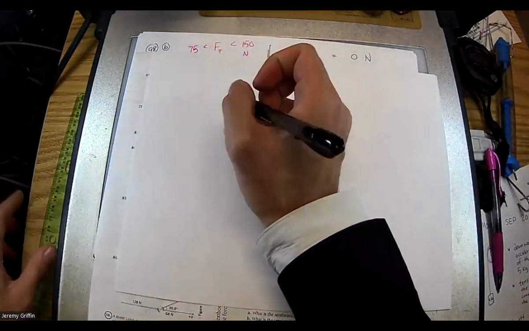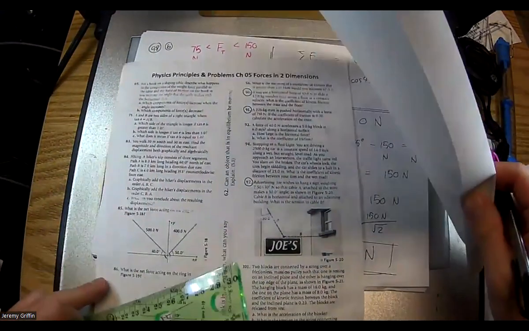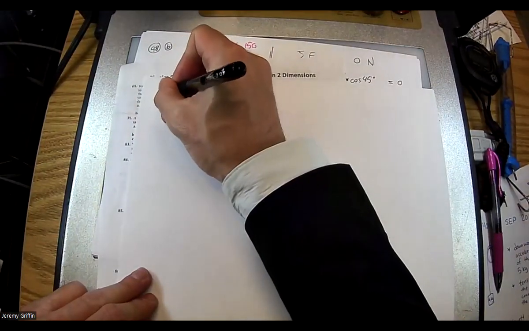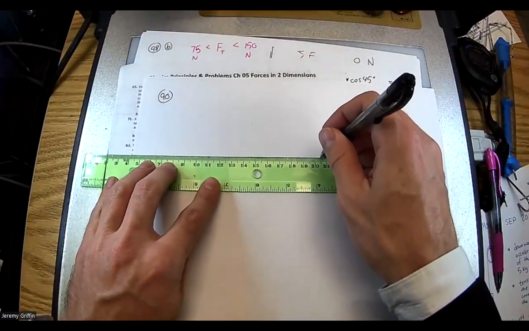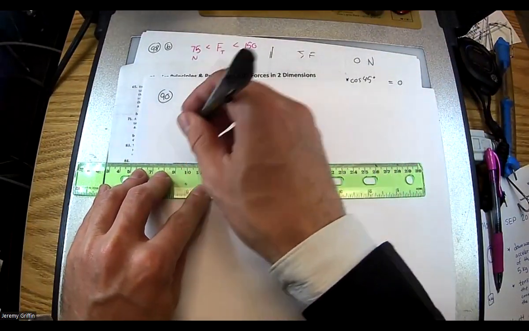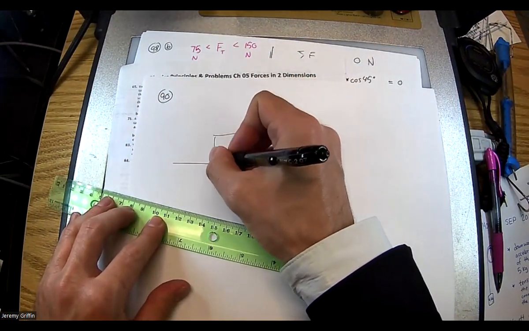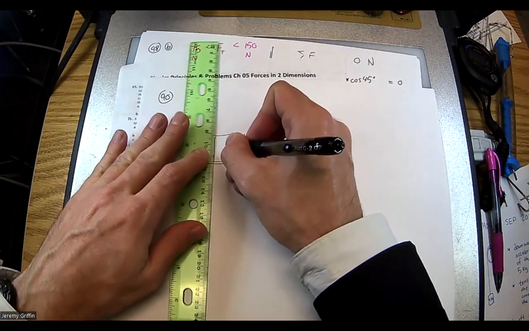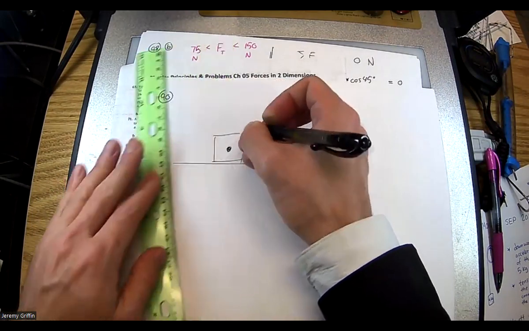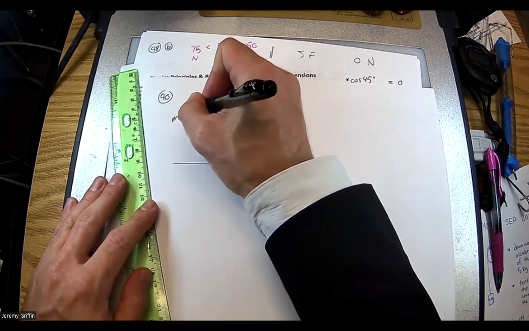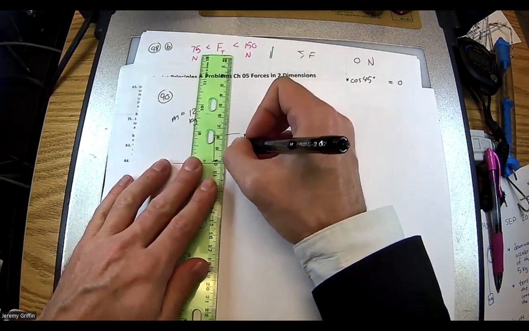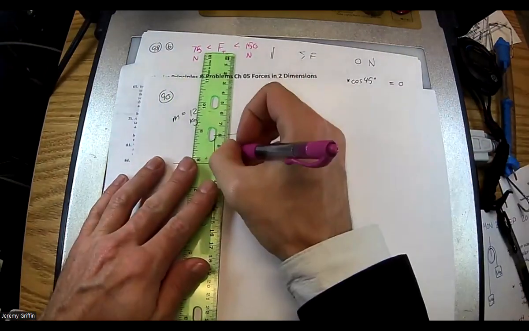Let's just redraw that free body diagram and apply the numbers to it. This is number 90. So they said the mass is 12 kilograms. Okay.